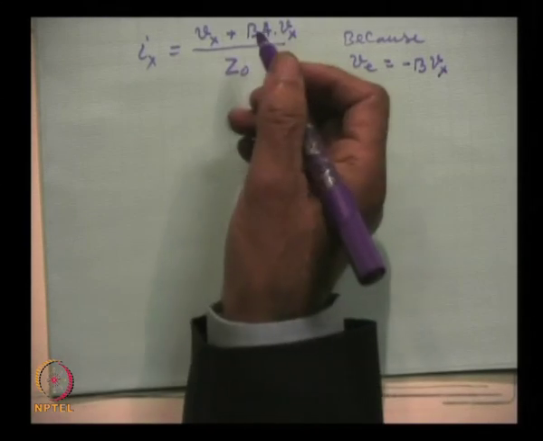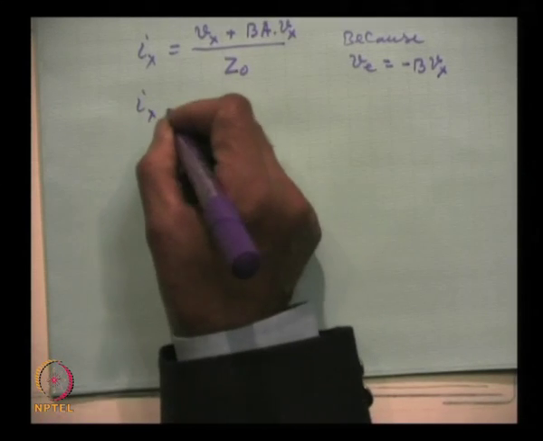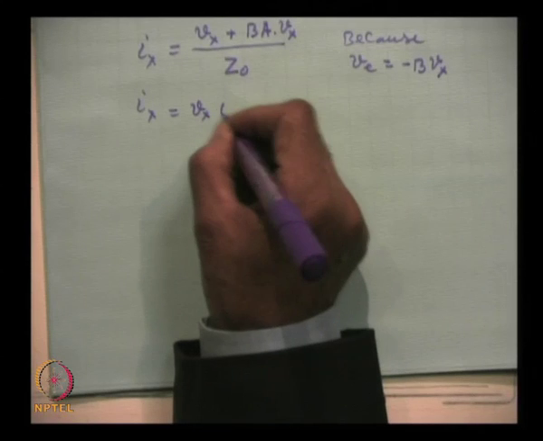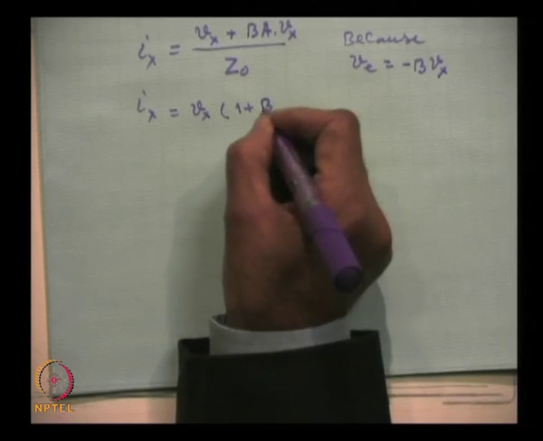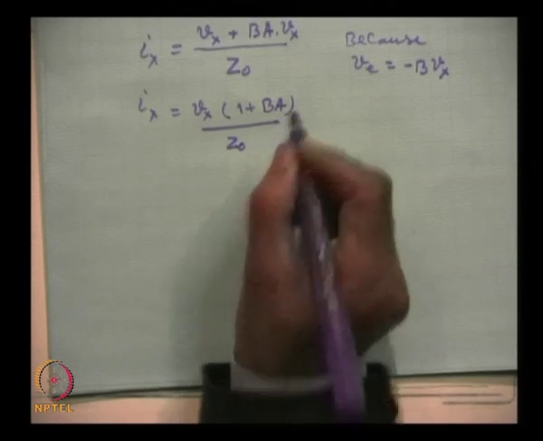From here, I x is equal to V x, we take common, 1 plus B A by Z 0.